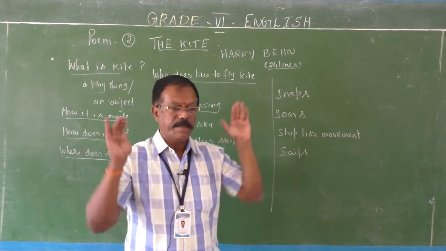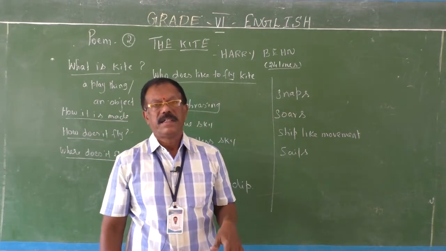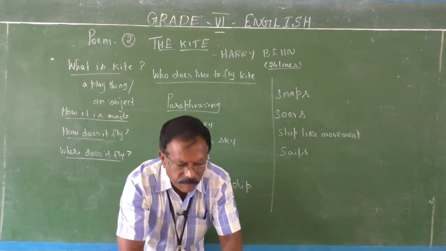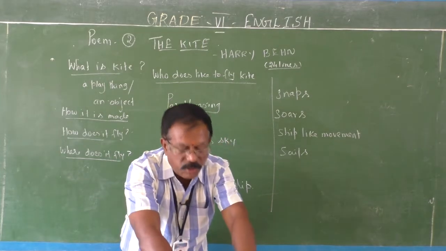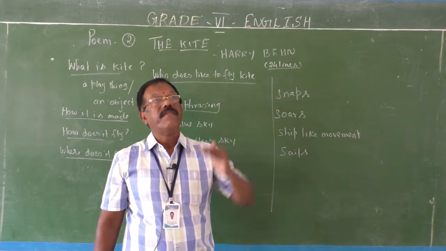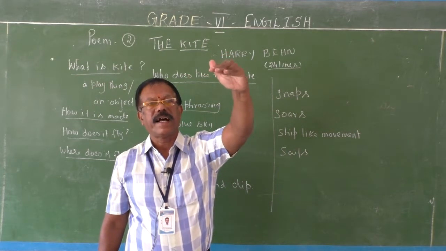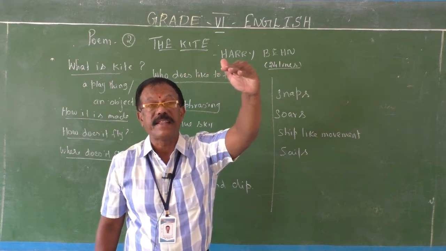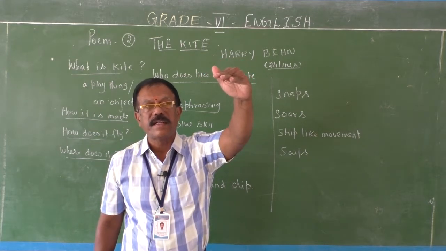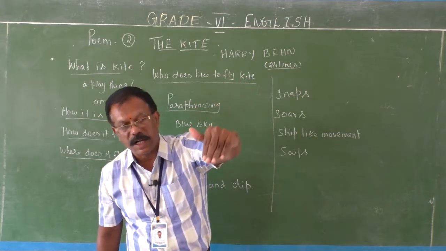Dive means, see, plunge into the water. He dives into the water means he comes down. He just plunges into the water. In the same manner, when the kite is flying in the sky, when the speed of the wind starts to reduce, then slowly it comes down.